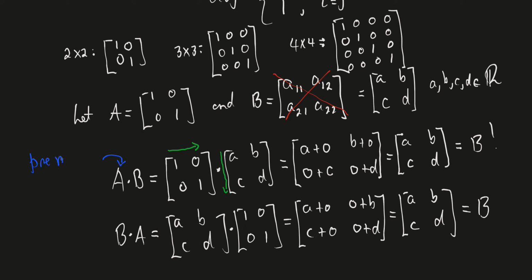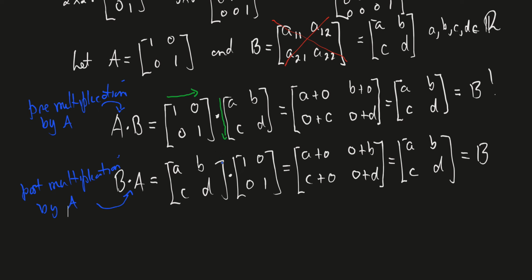So this is pre-multiplication by A. And this one where it's after, where it's like after the multiplication sign, this is post. So this is post multiplication by A, right? And whether we do pre or post, look at what happens. B is unchanged, right? That's pretty significant.